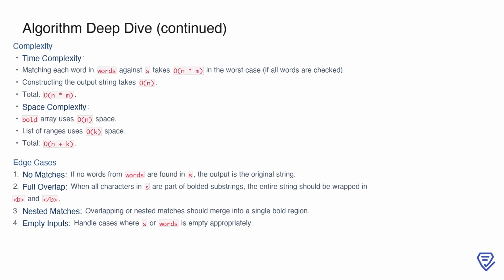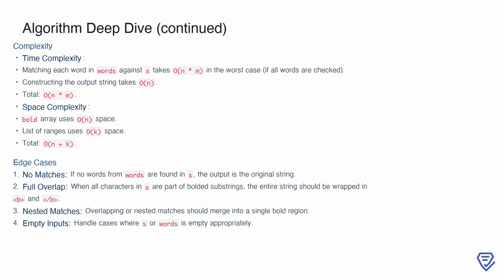Analyzing the complexity of this solution, the time complexity primarily depends on the substring matching process and the construction of the output string. For each word in the list words, we may need to scan the entire string S, which takes O(n) time. Since there are m words in the list, the matching step has a worst-case complexity of O(n * m).